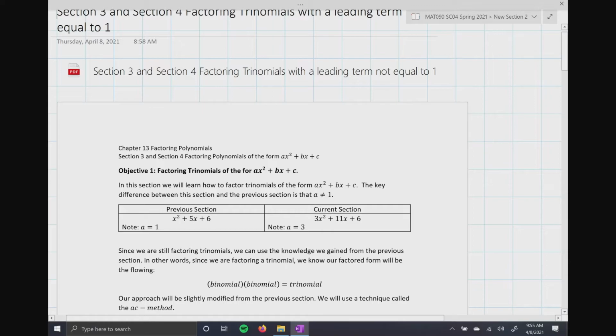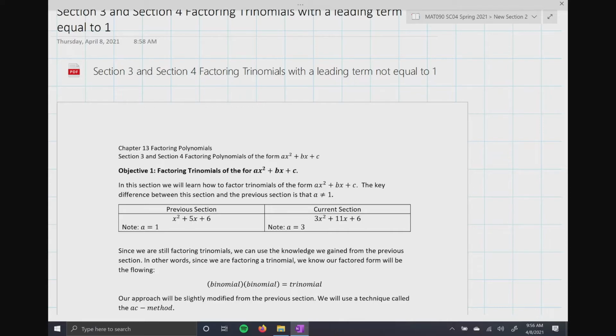This is the one where you have to change the numbers and change the signs. You have to check yourself. I don't like that. Section 4 teaches you a much more systematic approach. It's called the AC method, and that's what we're going to focus on. So we're doing sections 3 and 4 at the same time. Your homework will say chapter 13, section 3 and 4. So you have one homework assignment for both sections. It's not a big one.